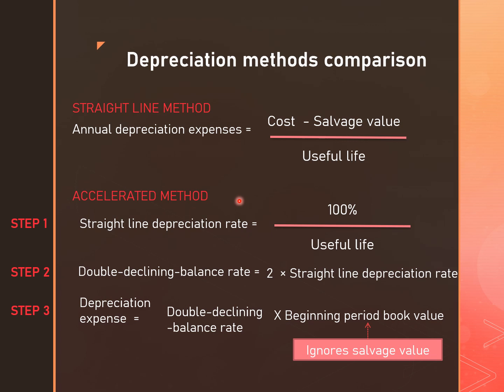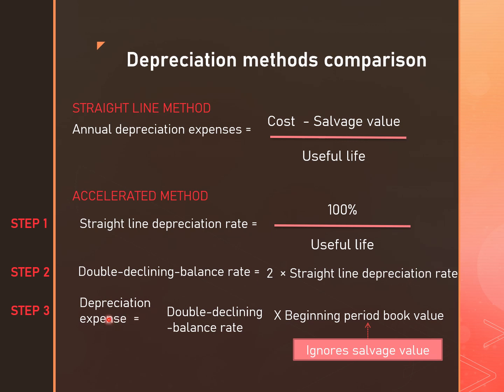Dalam textbooks ada. So, macam mana nak kira accelerated method? You kena kira dulu the straight line depreciation rate. You akan ambil 100%, which means you takkan tolak di salvage value. Okay, ignore salvage value. So, step 2, you akan ambil 2 kali the straight line depreciation rate.